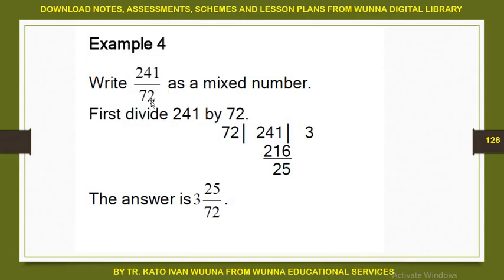We multiply 72 by counting numbers or natural numbers until we get a number that is close to 241. So that number that you have multiplied with 72 to get that close number becomes our whole number.